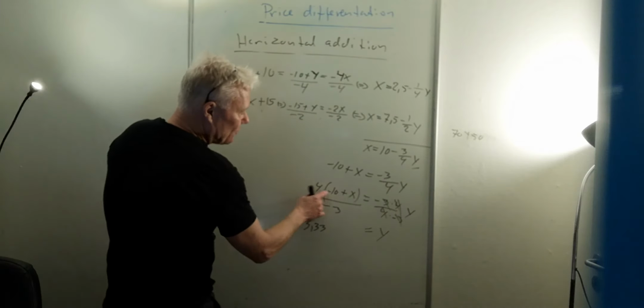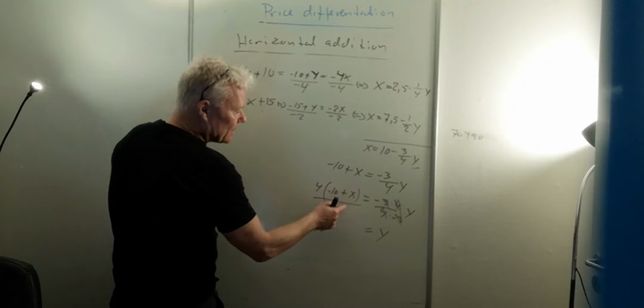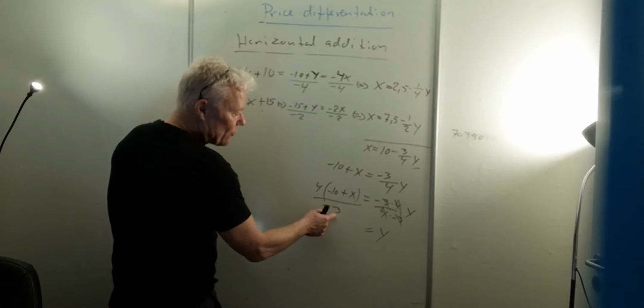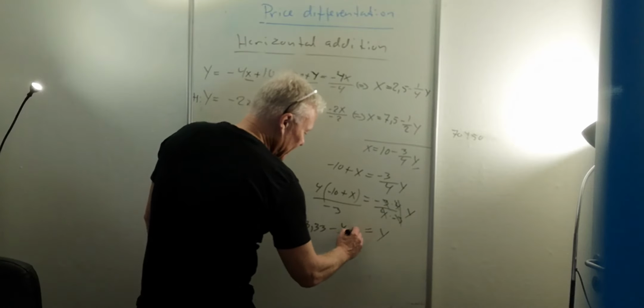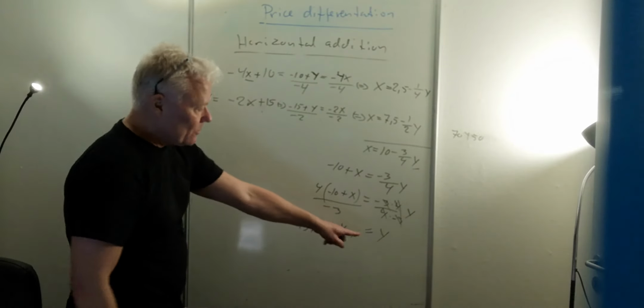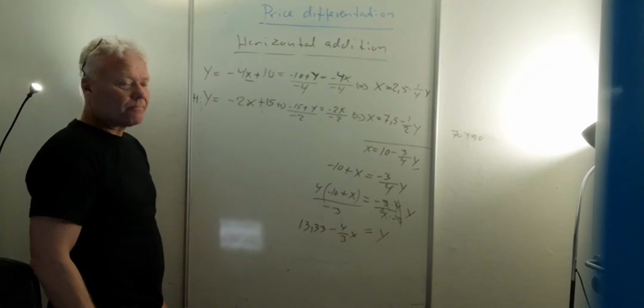And then 4 times x is 4x, divided by minus 3, that is minus 4/3 x is equal to y.